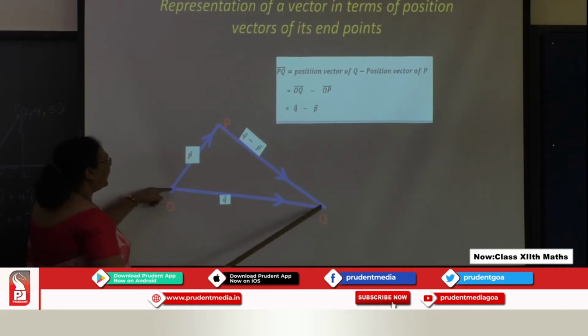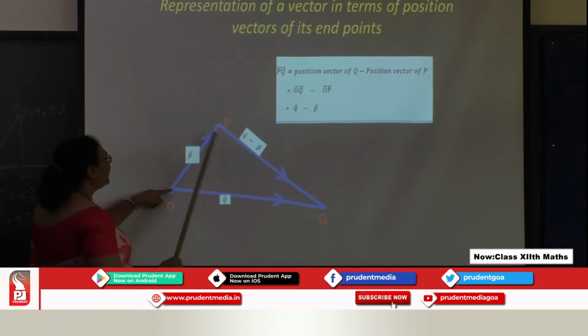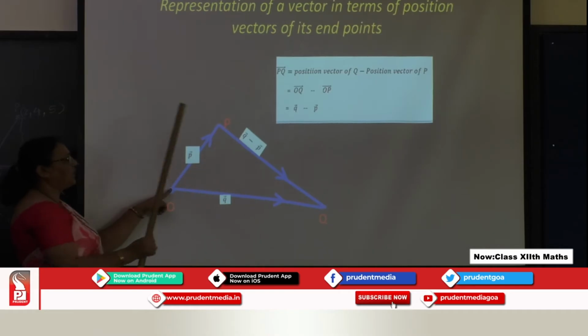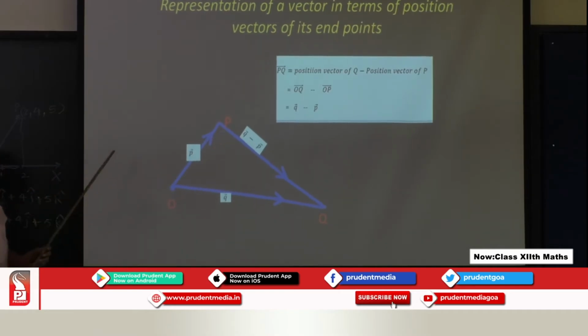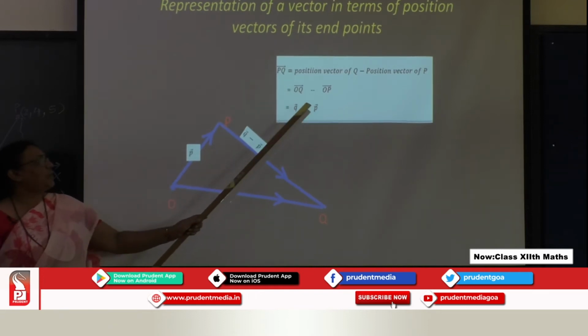So you will get this opposite, from here to here, and that is why you are getting a minus sign here. It does not go properly as a triangle law, the directions are not the same, that is why you are getting Q minus P. So any vector PQ in space is represented by Q minus P.